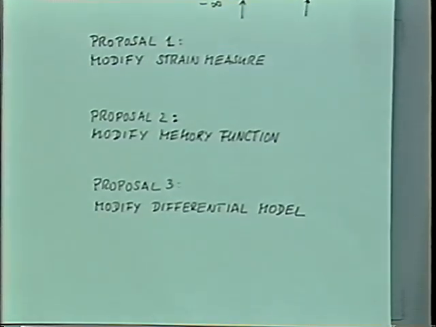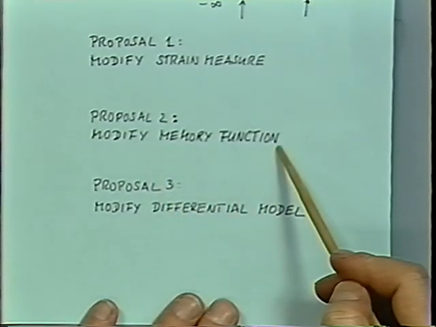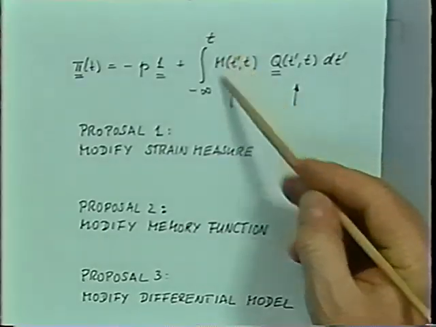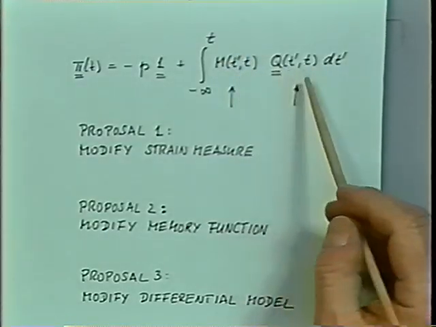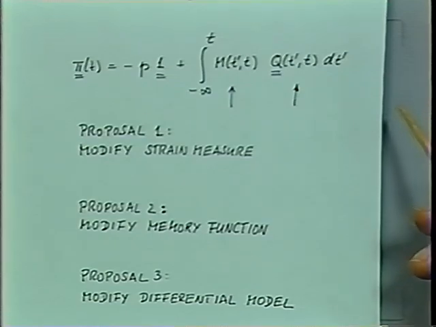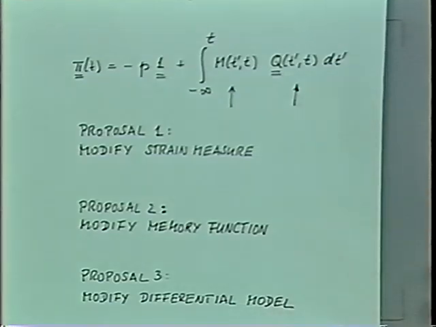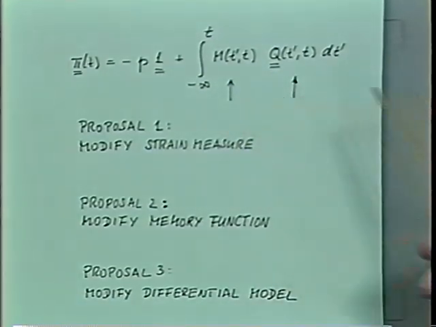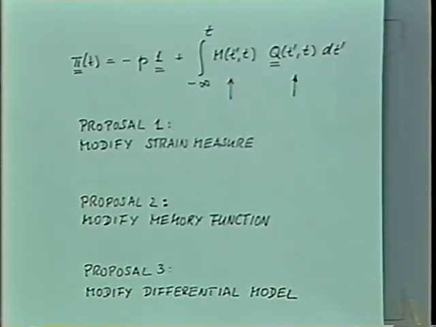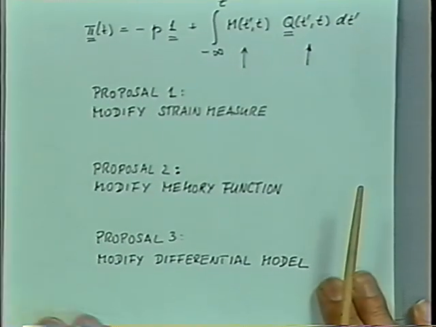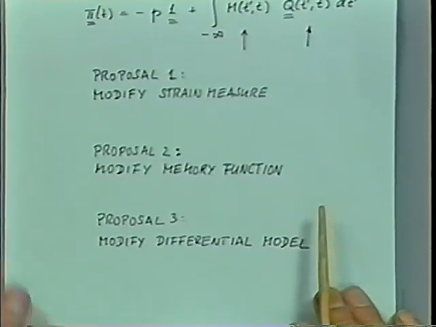The second proposal is modification of the memory function. We will take this integral and somehow leave the strain tensor as in the large rubber-like liquid, as a Cauchy tensor or a mixture of Cauchy and Finger strain tensor. But we still have to accommodate somehow the strain effects, and we would do this by changing the memory function.